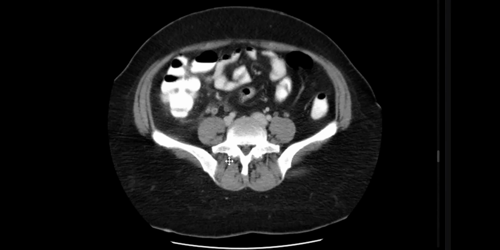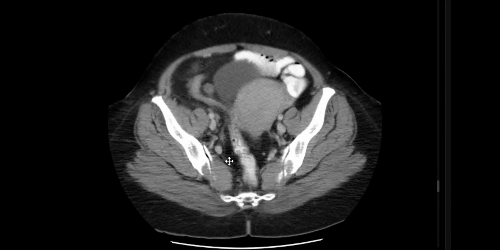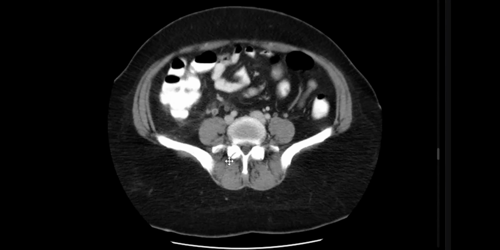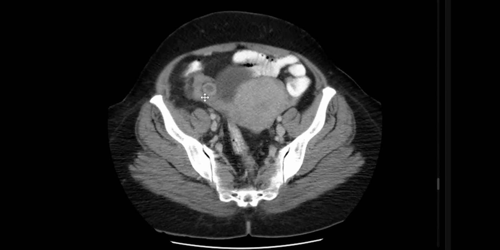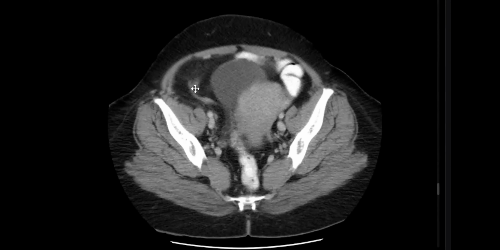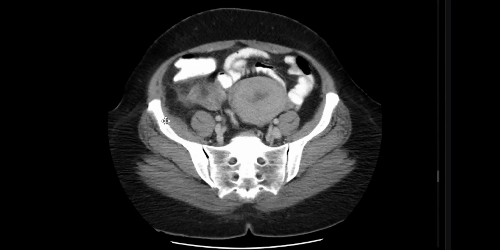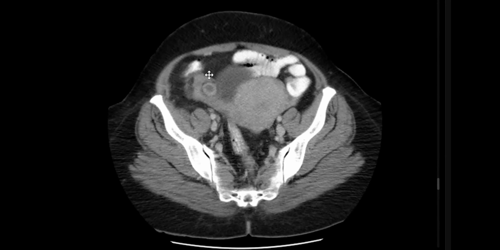I'm looking for the appendix. Do you see any clue like an appendicolith? Actually, no. Any other clue like a tubular structure? Yes, maybe I'm suspecting this one. A tubular fluid-filled structure, but it's convoluted upon itself.